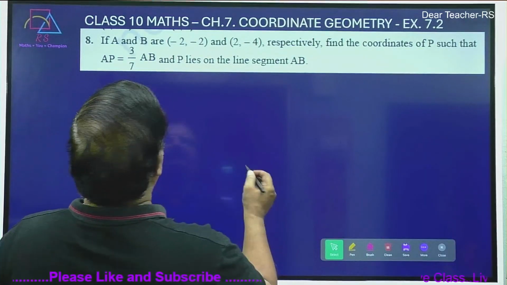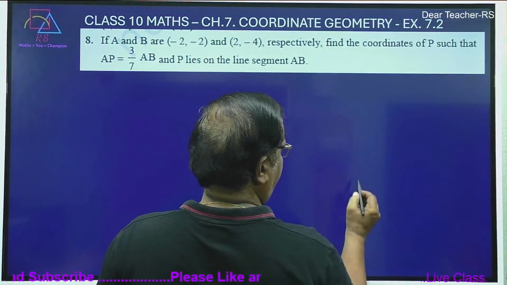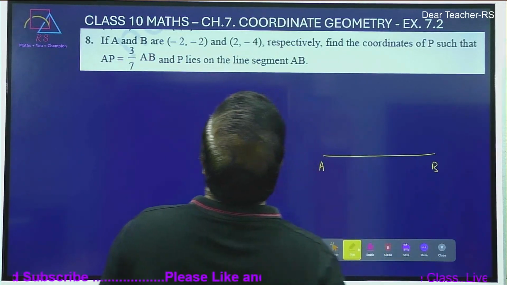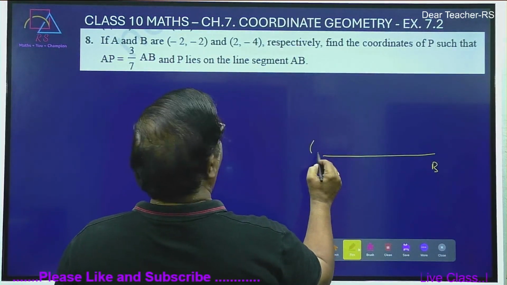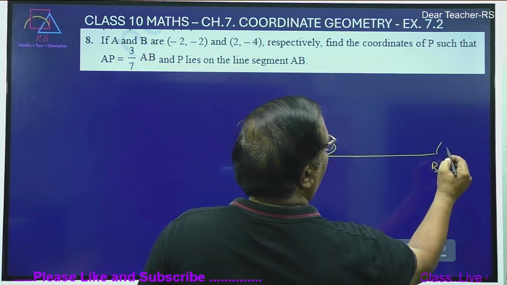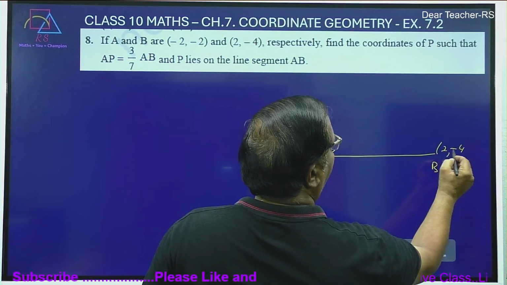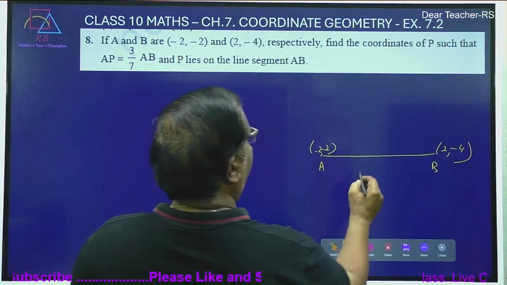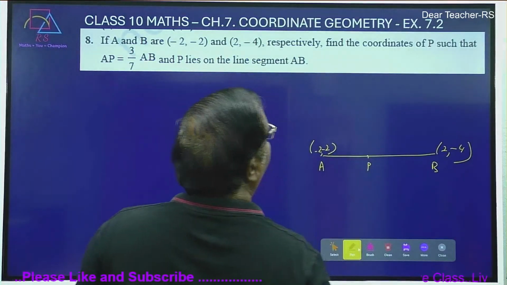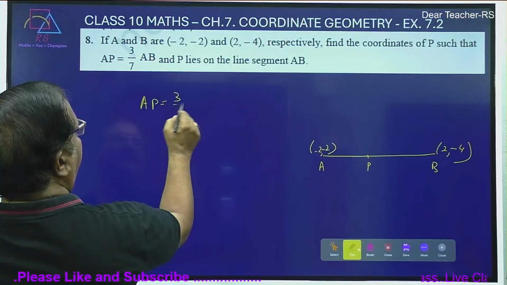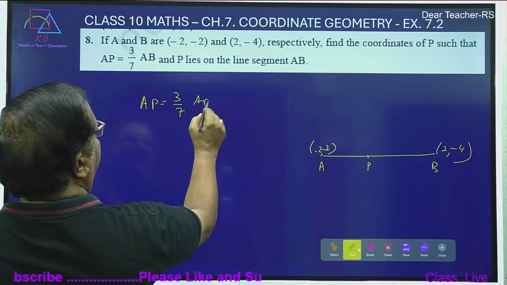So, AB is given, A is (minus 2, minus 2), and B is (2, minus 4). Find the coordinates of P such that AP is equal to 3/7 of AB.